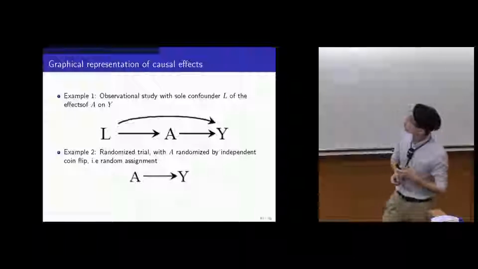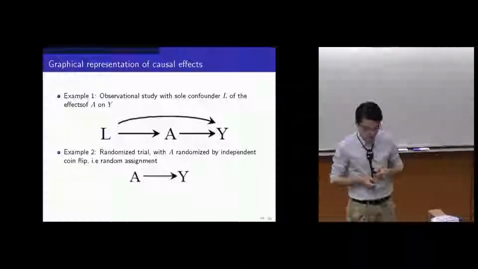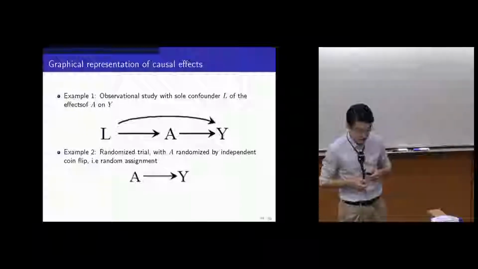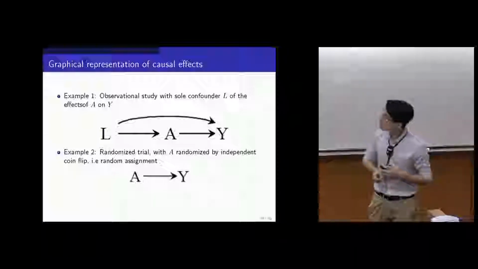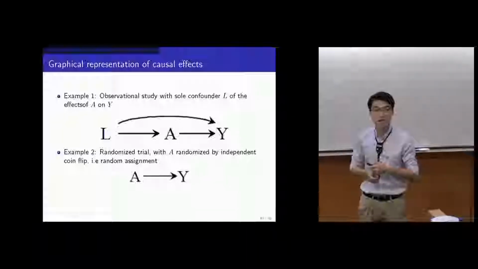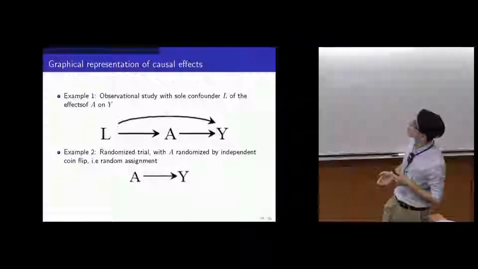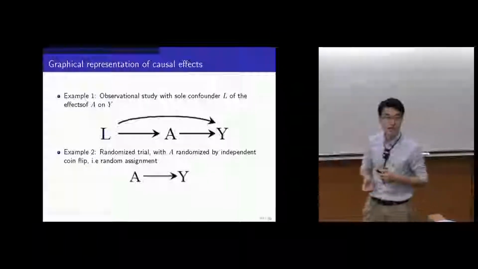So here is an example of a randomized trial where A is randomized by independent coin flip, a random assignment. So in this case, prior to the treatment assignment, there's nothing that will be causing the treatment assignment because it is just randomized, right? So there's nothing that points to A in this causal DAG.